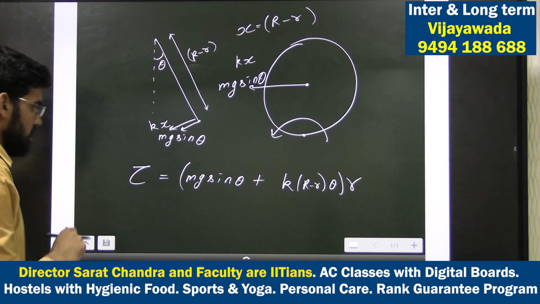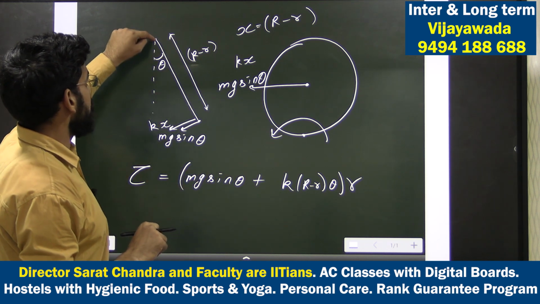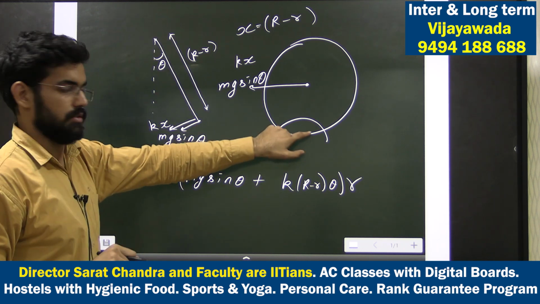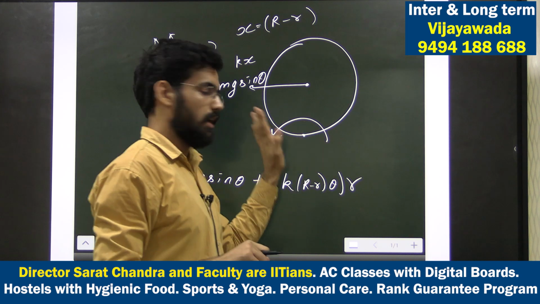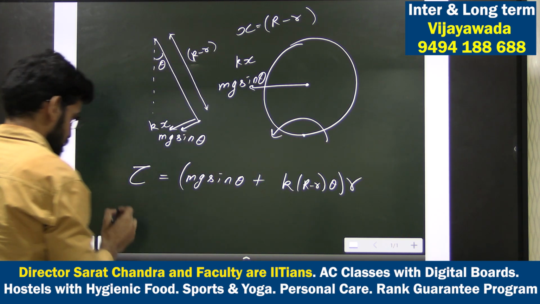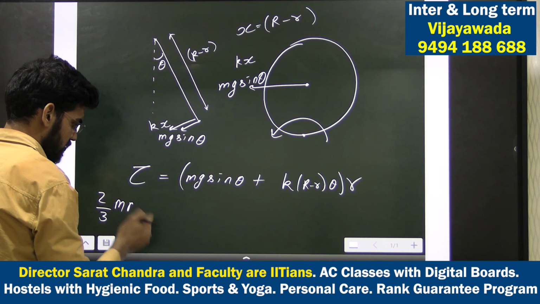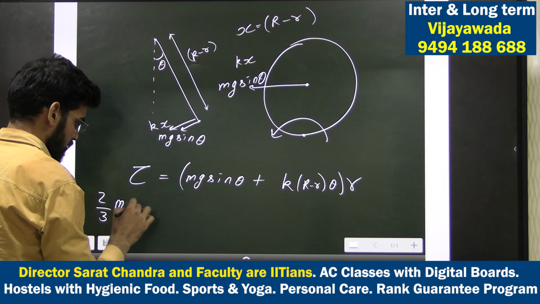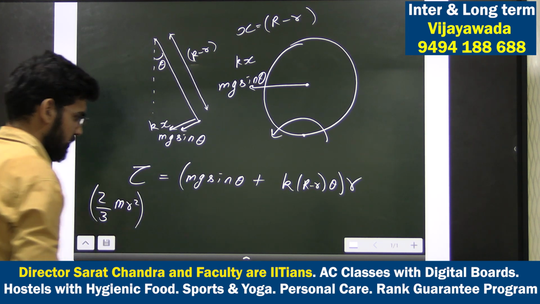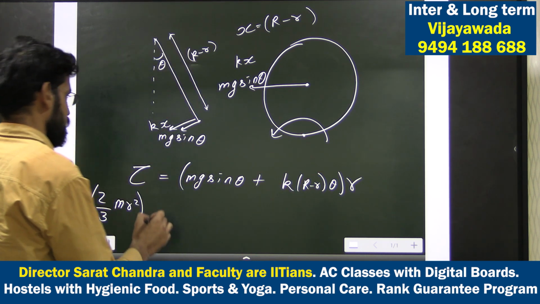Now if you see the torque, actually you have to write down torque about this point. I am writing about this point just for my satisfaction, later on I will replace it, see how. So this torque is what? 2 by 3 m R square, small r, 2 by 3 m R square, about this point moment of inertia into alpha.